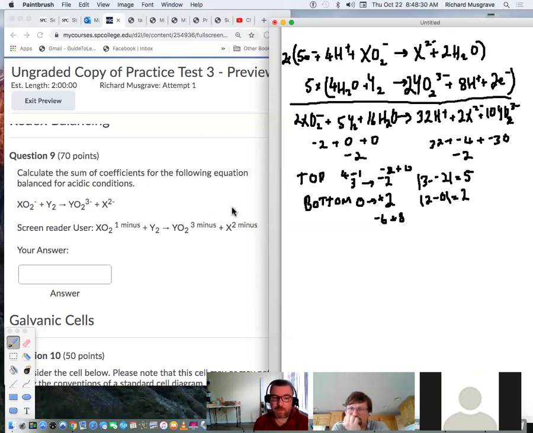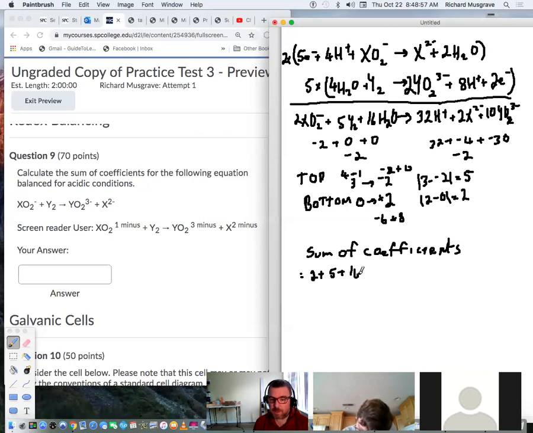Now the question is asking for the sum of coefficients. So unless you balance this correctly, the sum of coefficients won't work out. But the sum of coefficients is going to equal 2 plus 5 plus 16 plus 32 plus 2 plus 10.